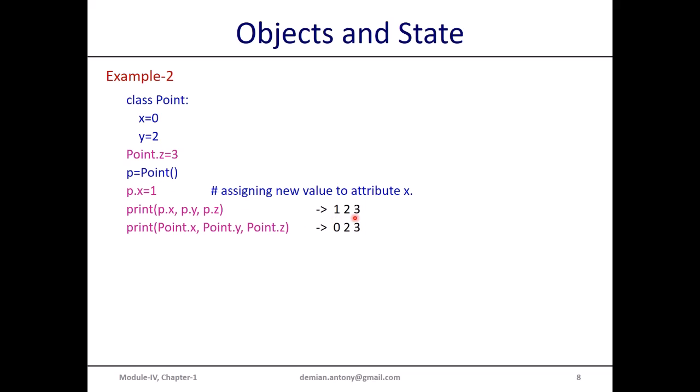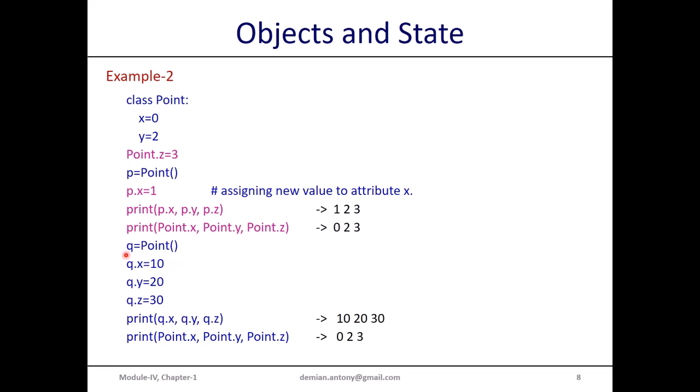Ultimately we get the values 1, 2, 3, and you can also print the value of that class object or class. It remains unchanged because the memory for point, that is a class object, is different, and memory for p is different.